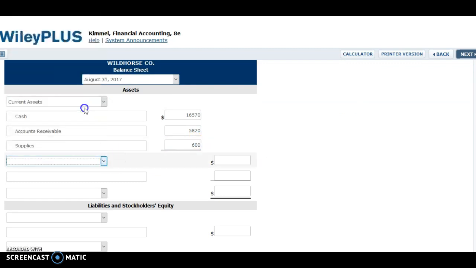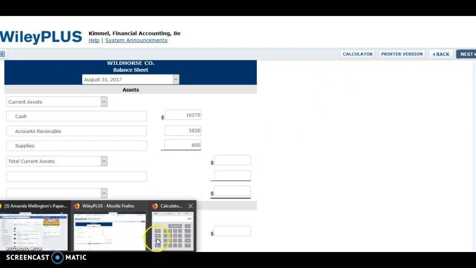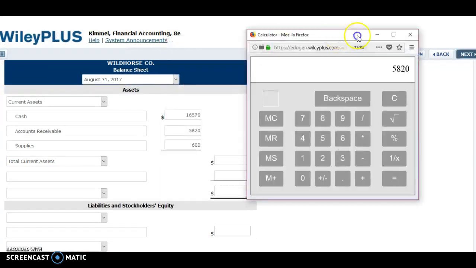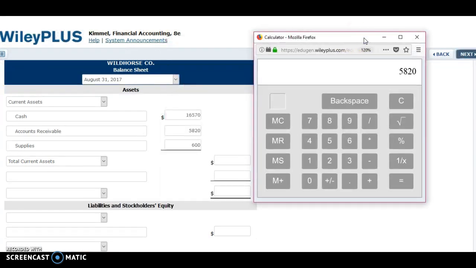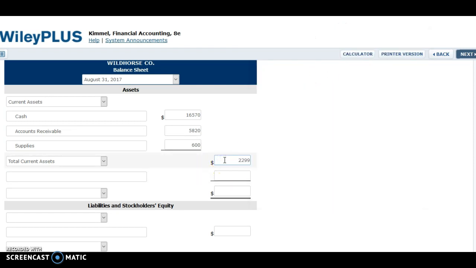And then we will put in total current assets with our calculator, because head math is not reliable. 5,820, 16,570, 600, which is $22,990. And then after current assets is equipment.